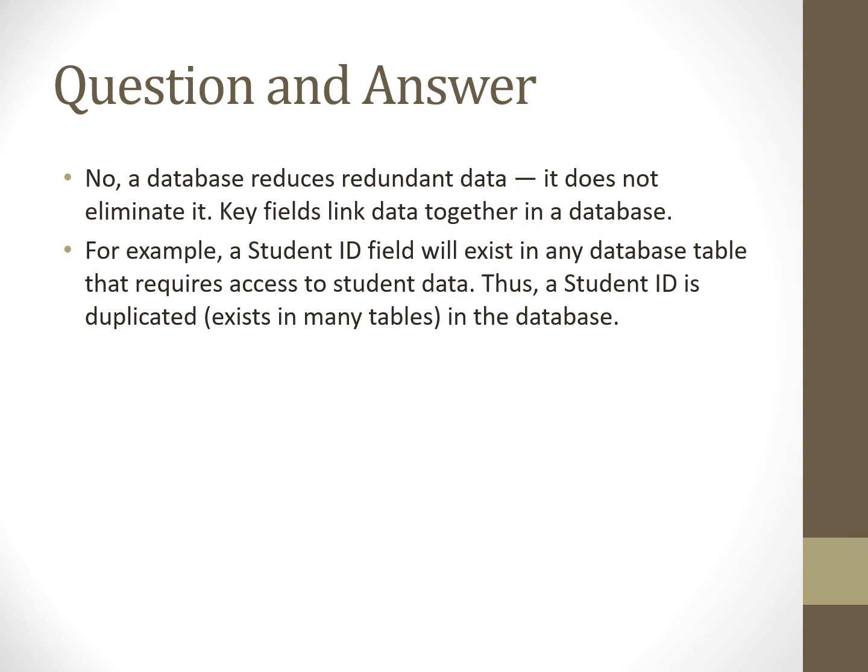For example, a student ID field will exist in any database table that requires access to student data. Thus, a student ID is duplicated in many tables within the database. Can you imagine that? We are not eliminating the student ID because it's the only way that we could link it back to the student record.